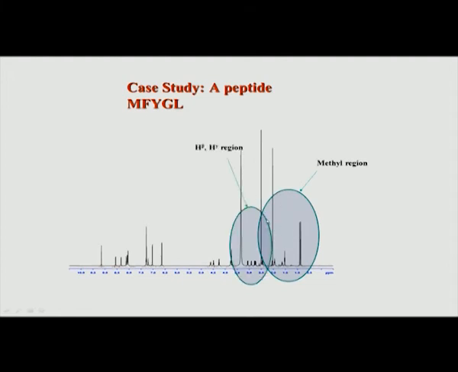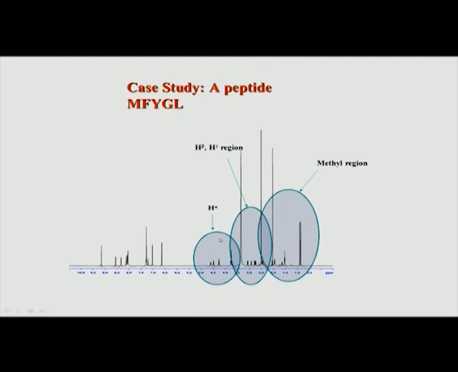Then the next region is the H alpha, H beta, H gamma. This is the methylene region. In the methylene region you get CH2 peaks, which typically come between 2.2 to 3.5. Then comes the H alpha, the backbone H alpha region of all the amino acids, which is invariably between 3.5 to 5 ppm depending on the secondary structure.